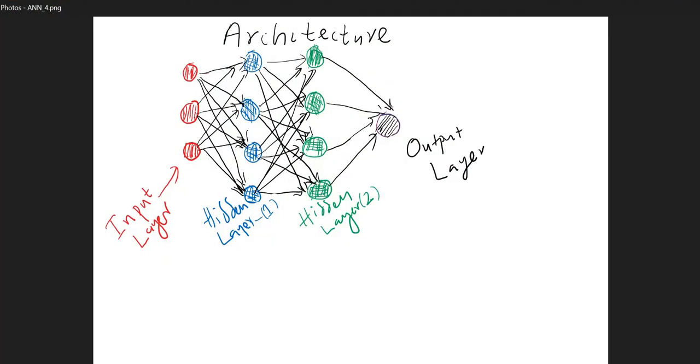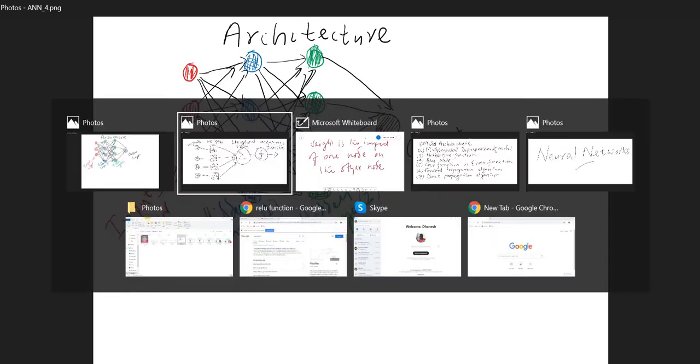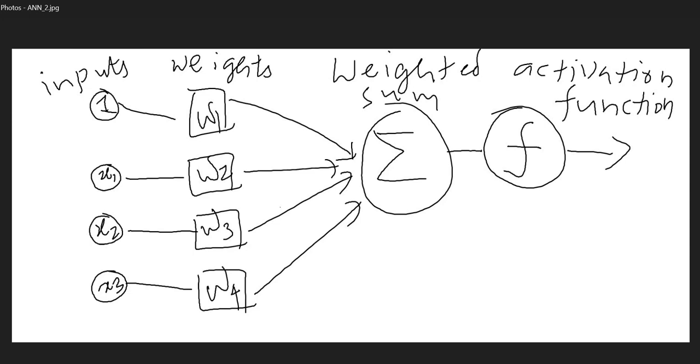This is the blue node. It is getting inputs from the input layer, and at the same time it is getting weights, represented by the black arrows, from the previous nodes. The inputs are x1, x2, x3, and this one represents the bias.